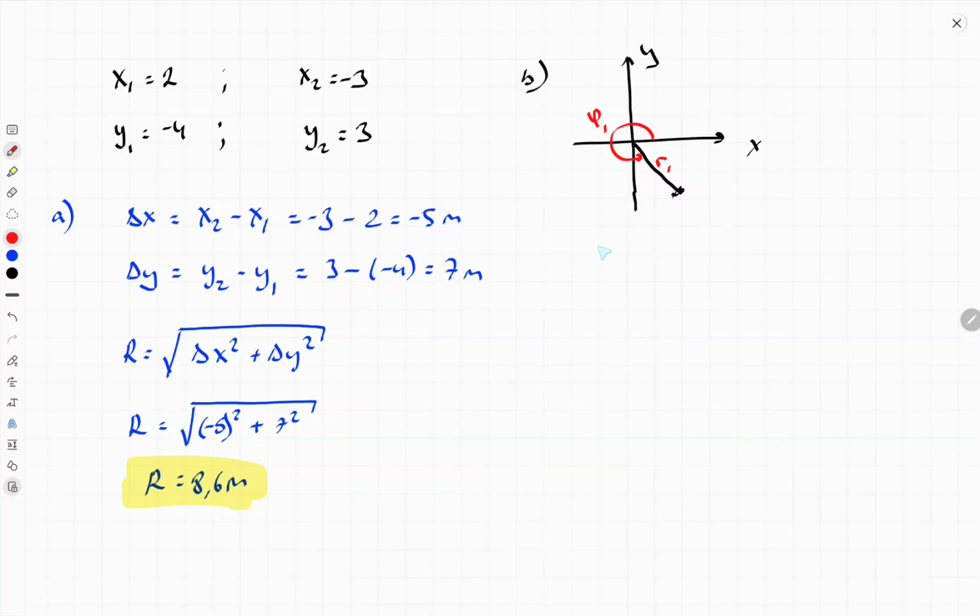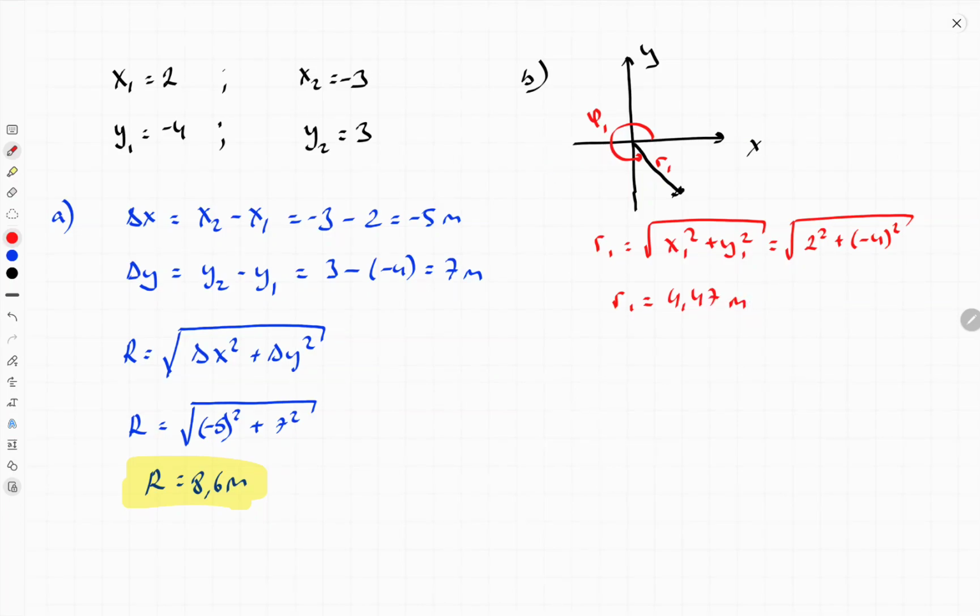So R1 basically will be equal to the square root of x1 square plus y1 square, which is equal to 2 square plus (-4) square. So R1, the polar coordinate R, will be equal to 4.47 meters.